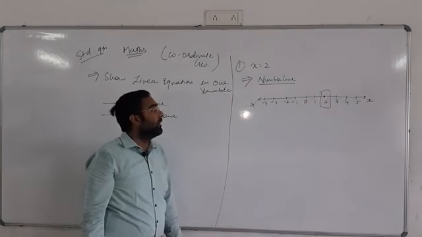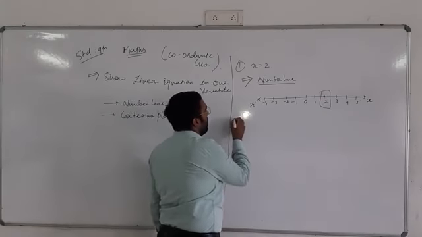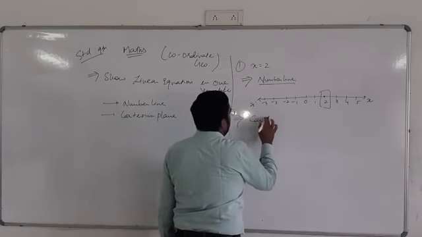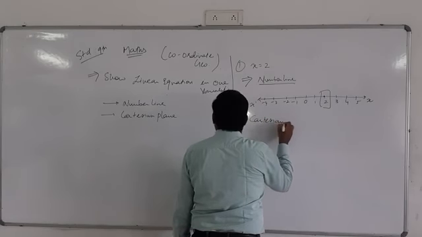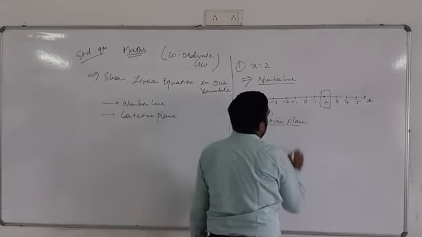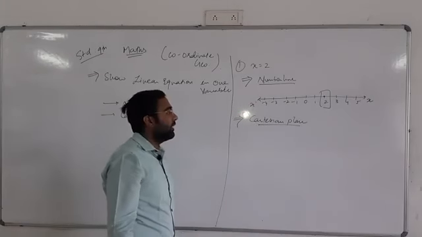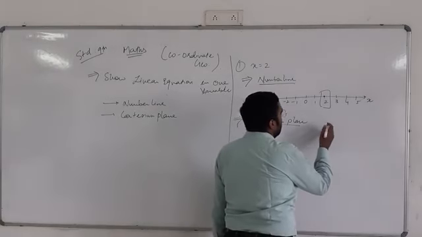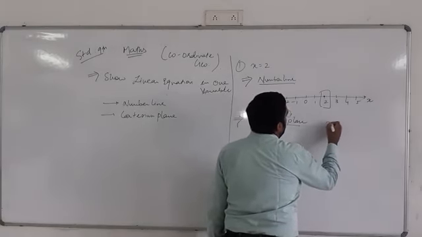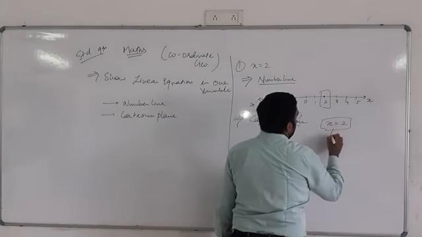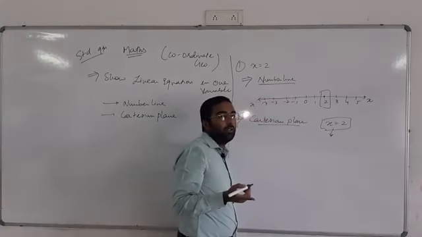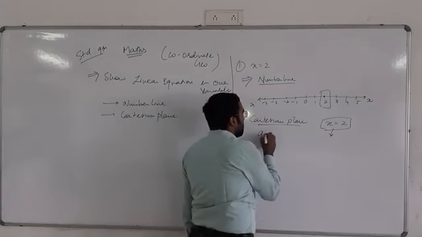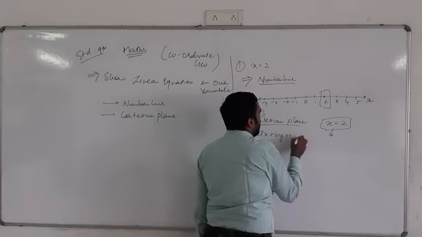Now, how to represent a linear equation in one variable on the Cartesian plane. When I represent it on the Cartesian plane, I must have a linear equation in two variables. So for x equal to 2, the first step is to convert it into a linear equation in two variables in the standard form, which is ax plus by plus c equal to 0.